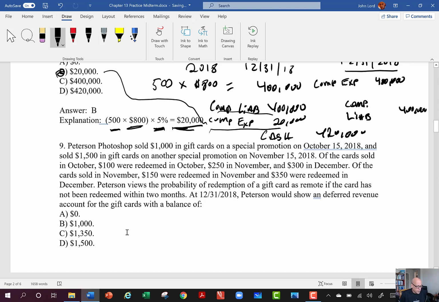Okay, good. Number 9: Peterson Photoshop sold $1,000 in gift cards on special promotion on October 15th, 2018, and sold $1,500 in gift cards on another special promotion on October 15th, 2018. Of the cards sold in October, 100 were redeemed in October, 250 in November, and 300 in December.